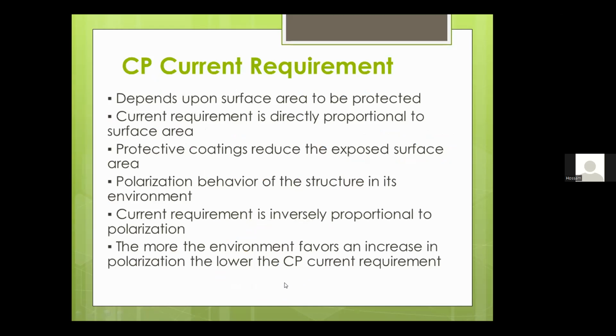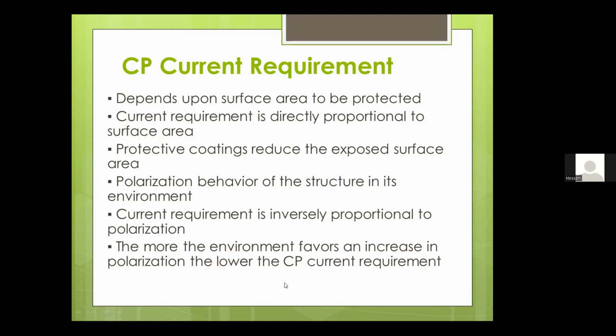How to calculate the current requirement for cathodic protection? It depends upon the surface area to be protected. Also, the current requirement is directly proportional to the surface area. The protective coating reduces the exposed surface area, so it will reduce the current requirement for cathodic protection.